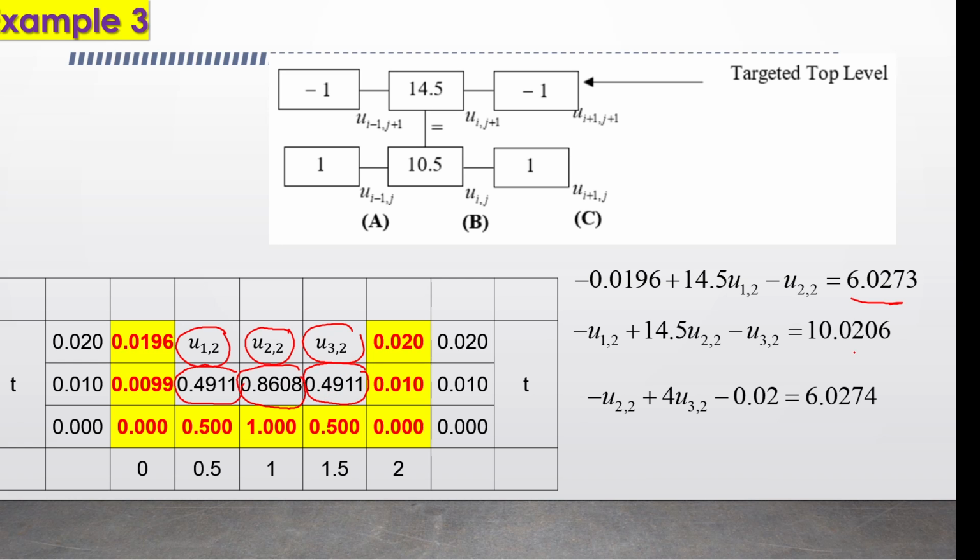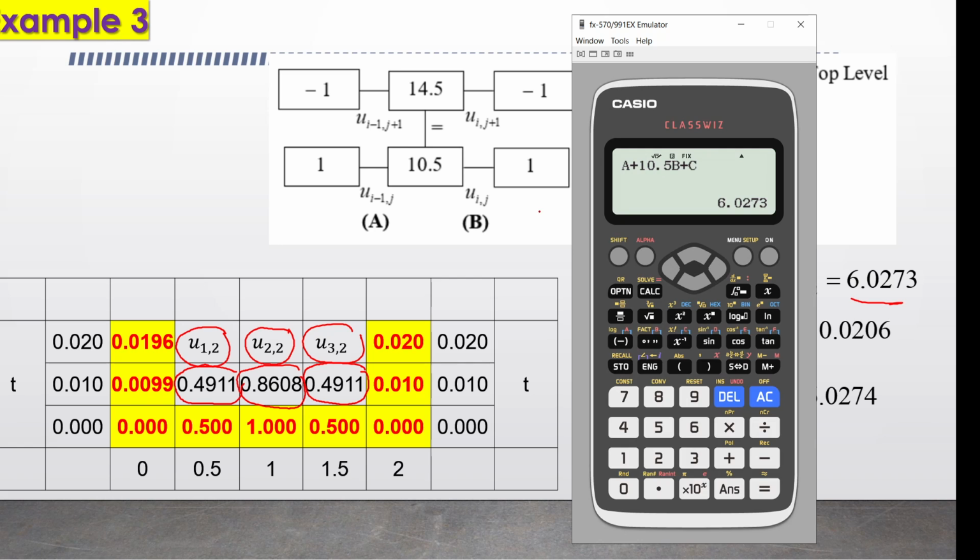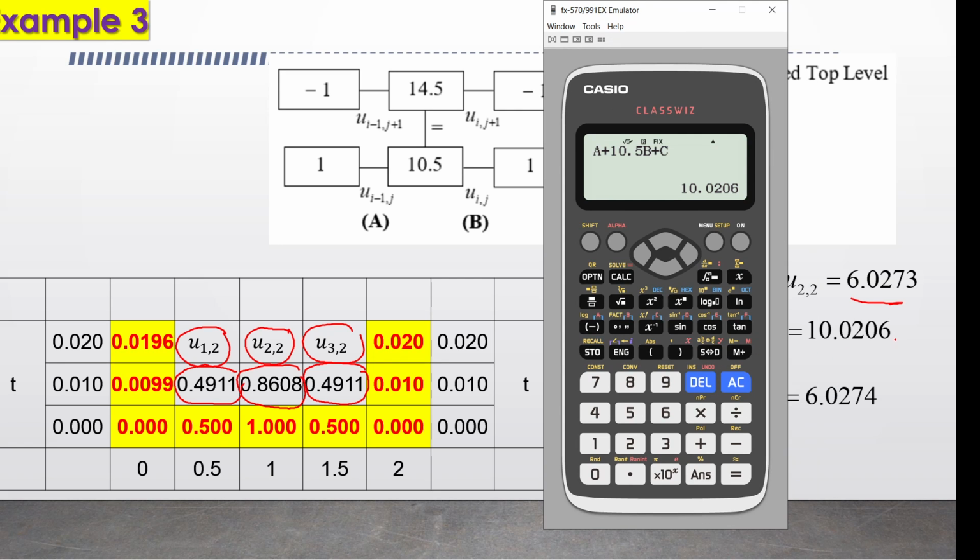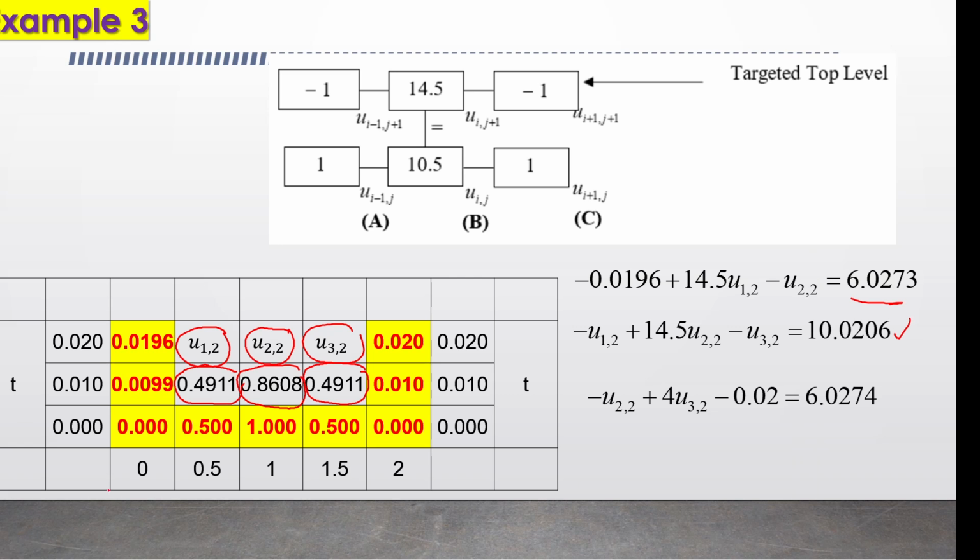Then you get 10.0206. Calculate: A is 0.4911, B is 0.8608, C is 0.4911. So you get here 10.0206.